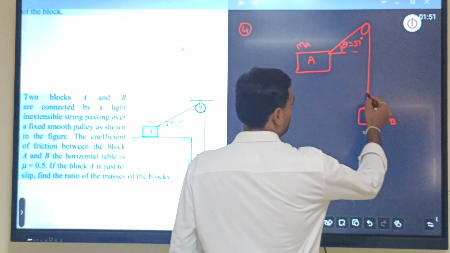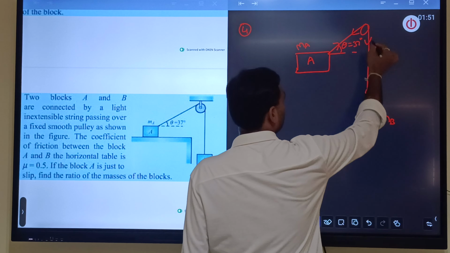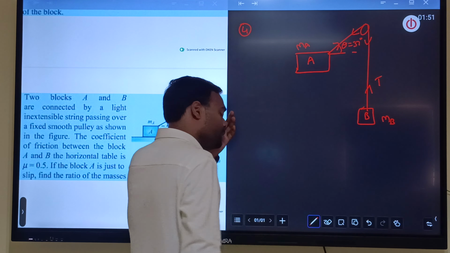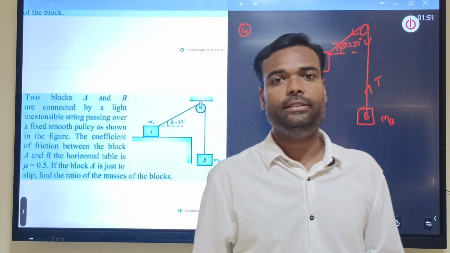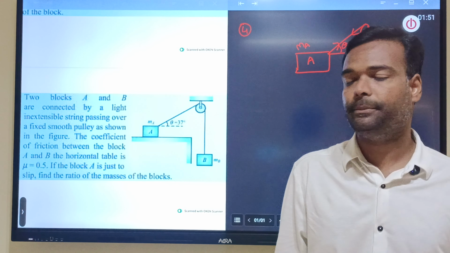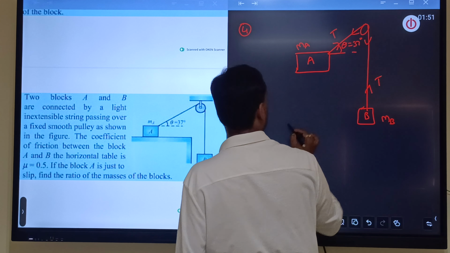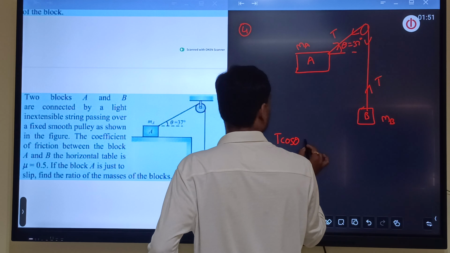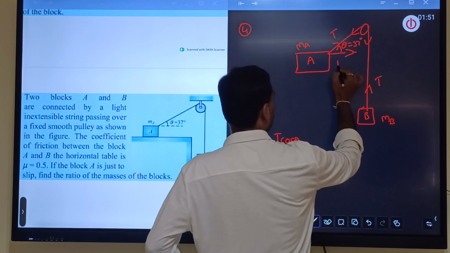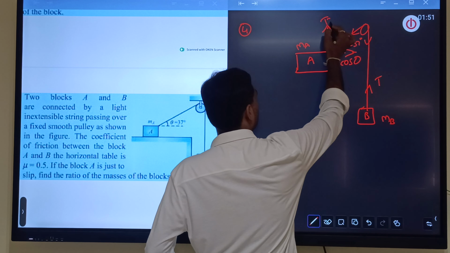See here, a single thread contains the same tension value. And I had already told you, tension in the string we have to represent away from the point of contact. So this is T. Now T cos theta, and this will be T sin theta.